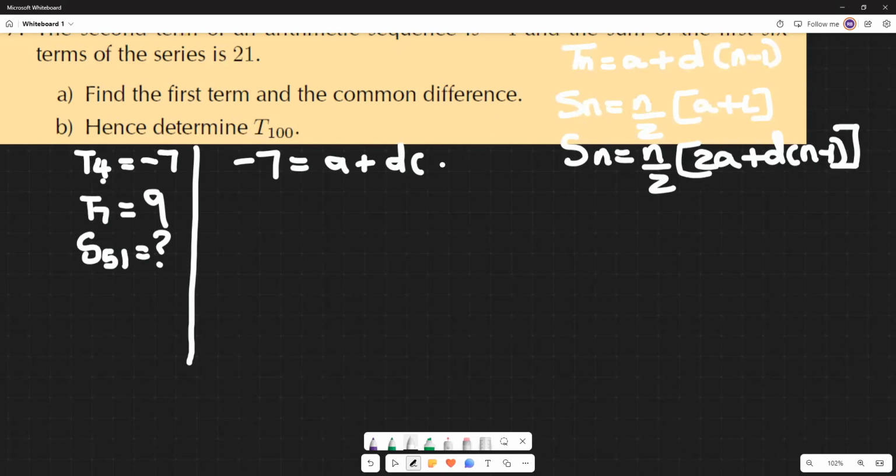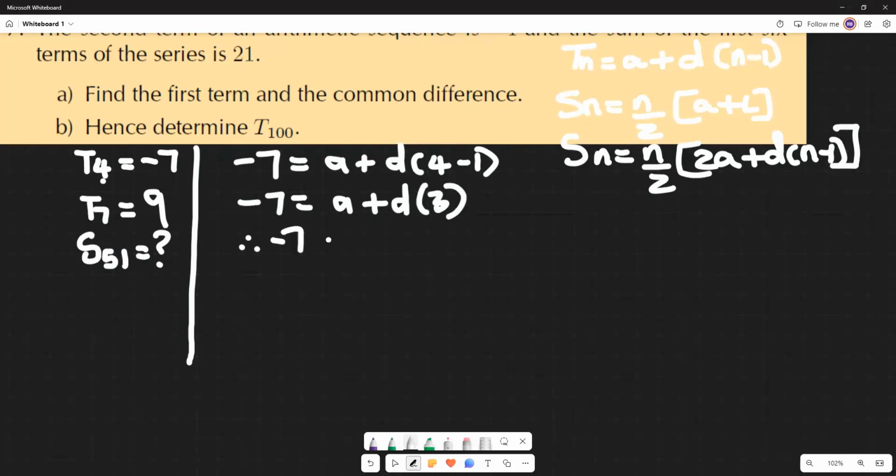The n was replaced by 4. So it's 4 minus 1, which is -7 equals A plus 3D. Therefore -7 minus 3D equals A. Remember, this is 3D here; when you take it to that side, it becomes -3D. And we can call this the first equation.